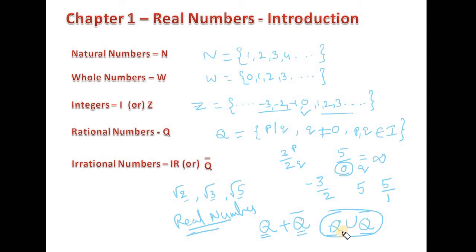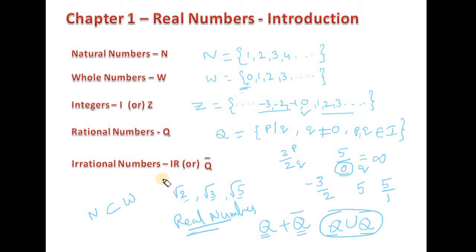Now, if you look closely, the natural number set is 1, 2, 3, 4 and the whole number set is 0, 1, 2, 3, 4. What is additional in the whole numbers? You have 0 extra, right? That means N, the natural numbers, is a subset of W. Similarly, W has 0, 1, 2, 3, 4, 5.